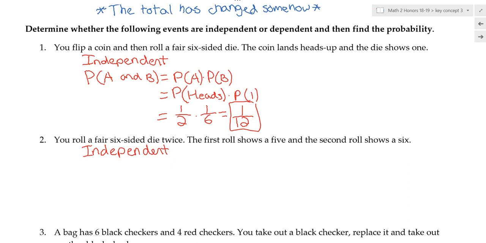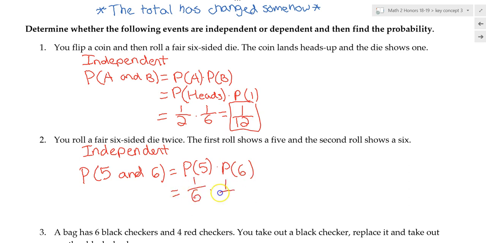The probability of a 5 and a 6 is the probability of 5 times the probability of 6, which is 1 out of 6 times 1 out of 6, which is 1 out of 36.